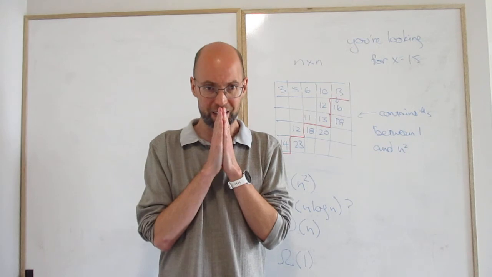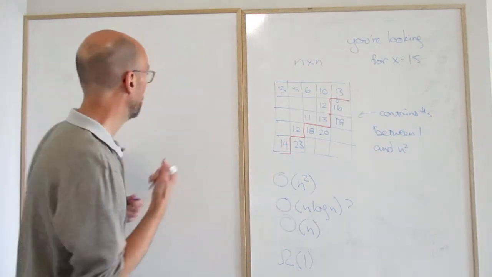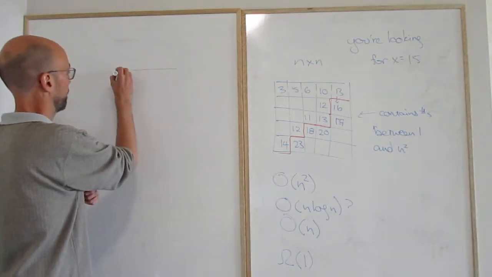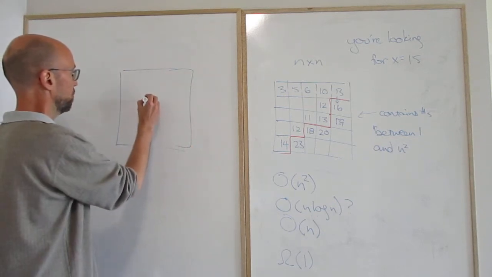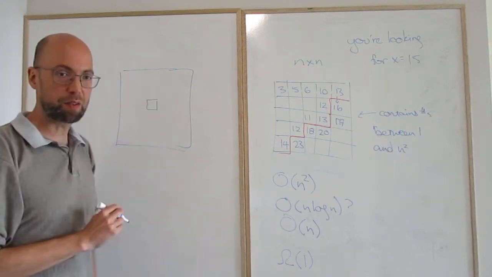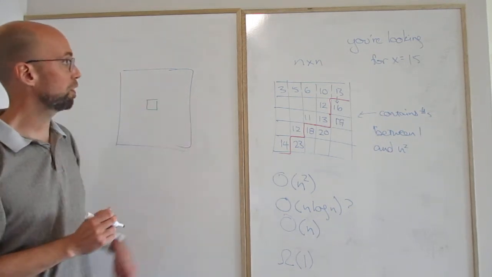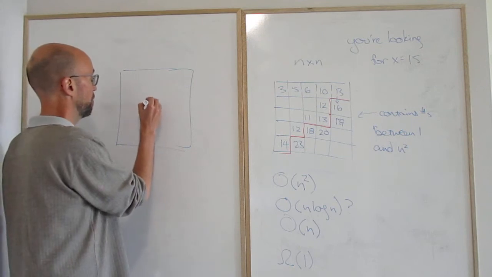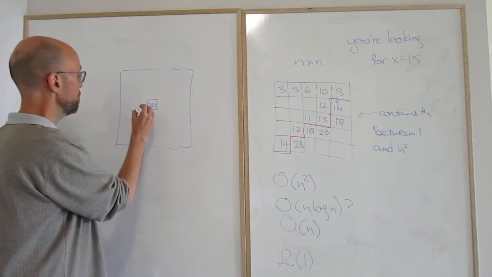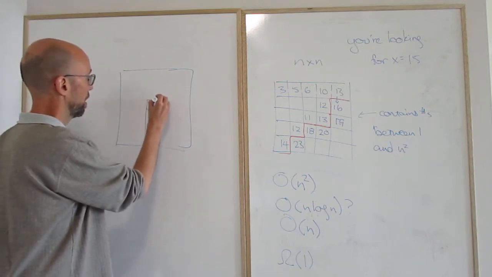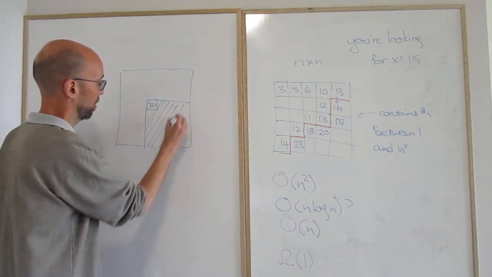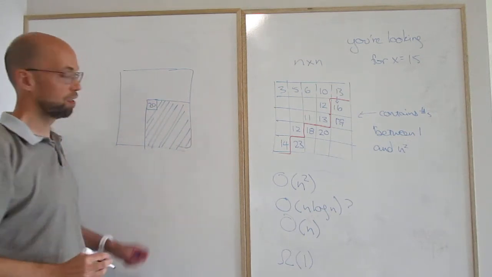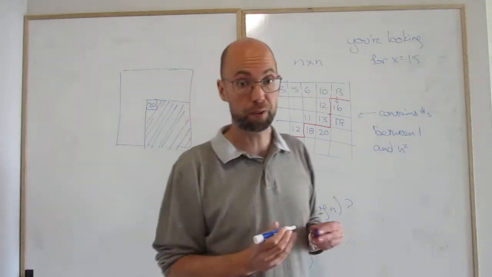It feels like what you can do is take the matrix and look at the middle element of the matrix. If you're looking for x equals 15, and this is 20, then you know that you don't have to look anywhere here. So you've just wiped out a quarter of the matrix.